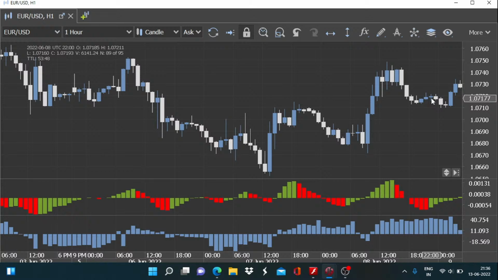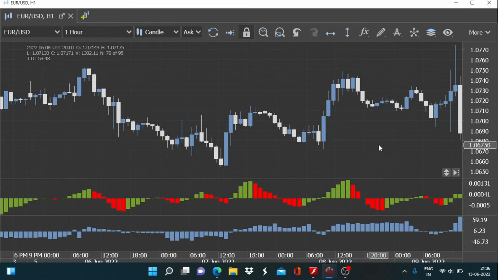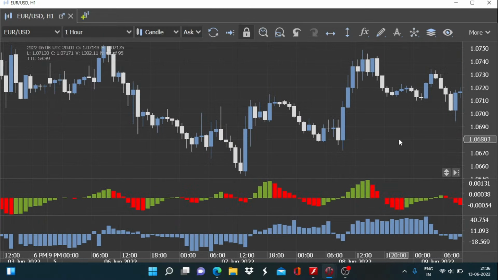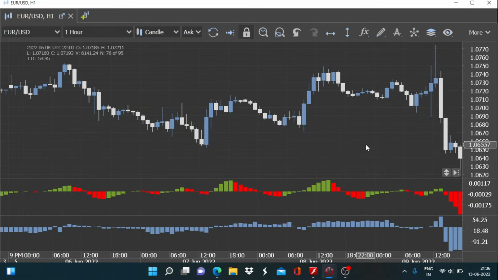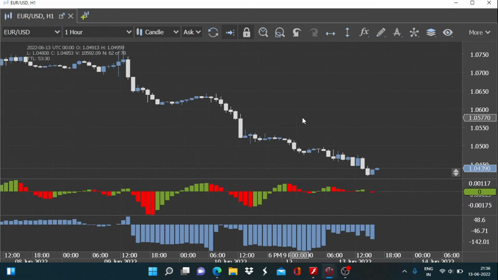That's how we are going to define the conditions which need to be in place for the execution of the trade on the Euro USD's hourly time frame. So let us now head back to the Visual JForex board.